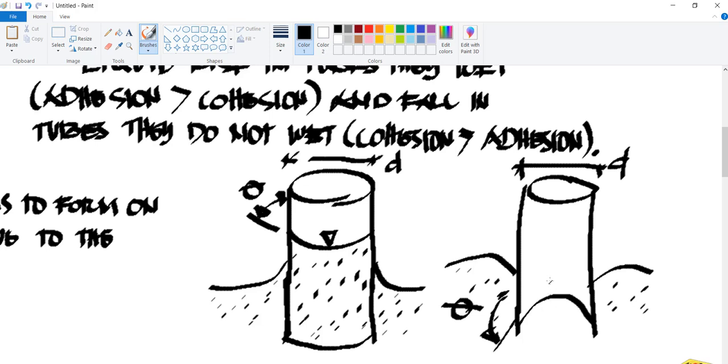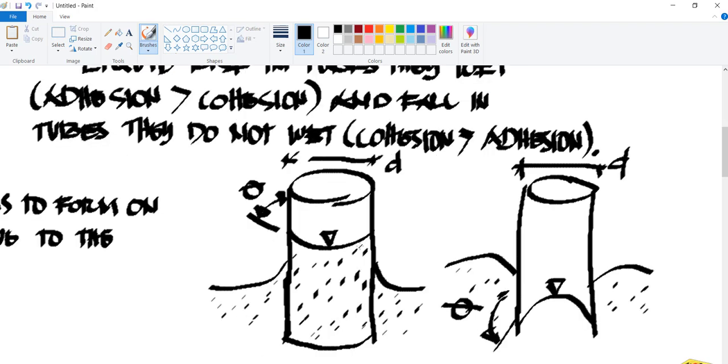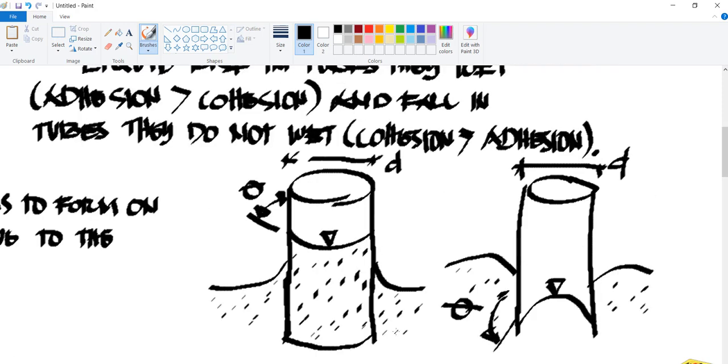You will see the surface of water or fluid compared to this one: this is when the adhesion is greater than cohesion, and the other is when cohesion is greater than adhesion. Those will be the reactions as you plunge the tube into the liquid.